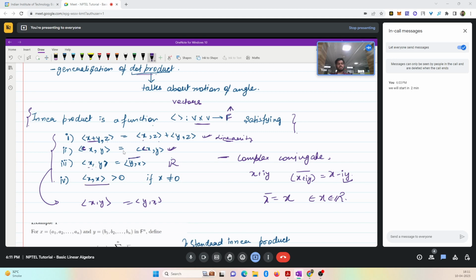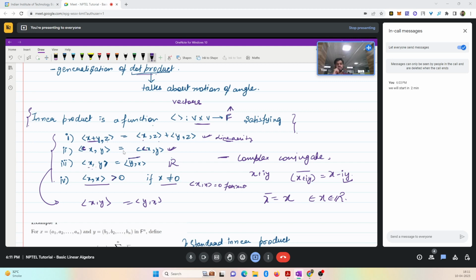And the fourth property is that the inner product of a vector with itself is always greater than or equal to 0, and strictly greater than 0 as long as x is not equal to 0. If x is 0, then it will be 0. So there are four properties we should check to see whether something is an inner product.